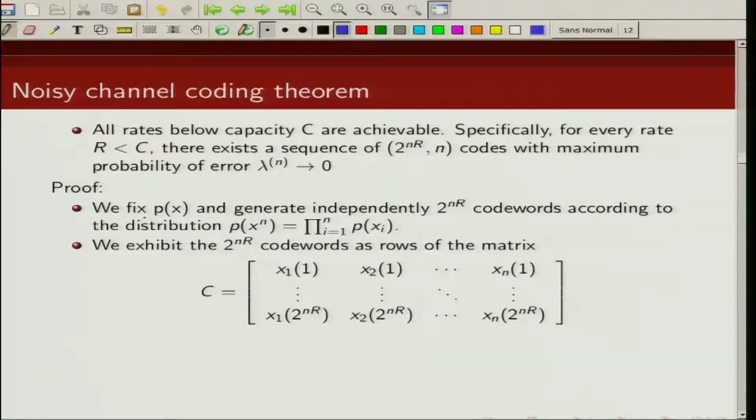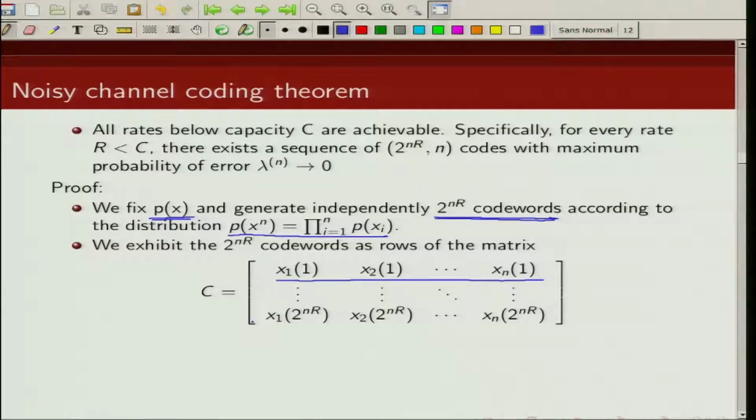So first, we fix our input distribution and generate 2^{nR} code words according to this IID distribution, and we consider a matrix where each row is a randomly generated code word. So this x_1^n, x_2^n, and so on, is a code word.